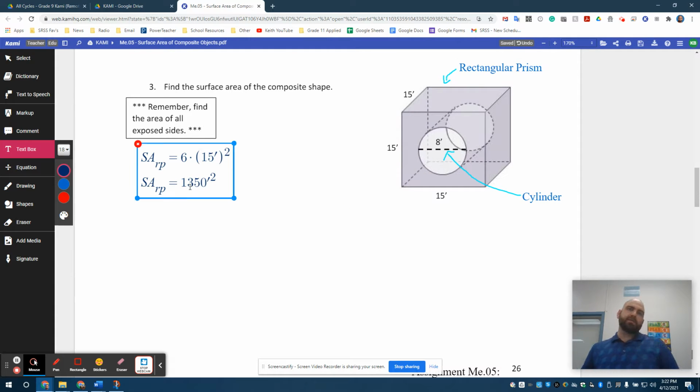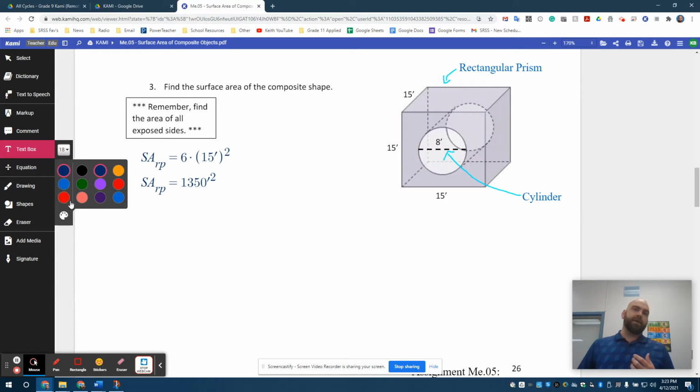Now, one of the things that you might recognize, and something we should get started with right away, is that this rectangular prism isn't complete. There are 2 circles being cut out of it: this one in the front here, and there's also one in the back. So of this 1,350 square feet, 2 circles are being cut out.